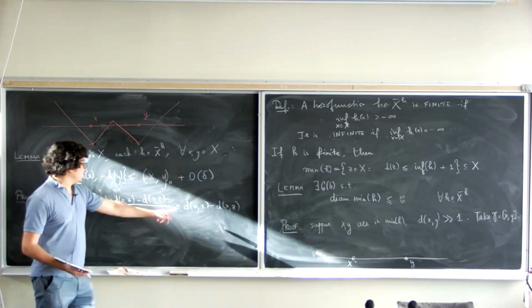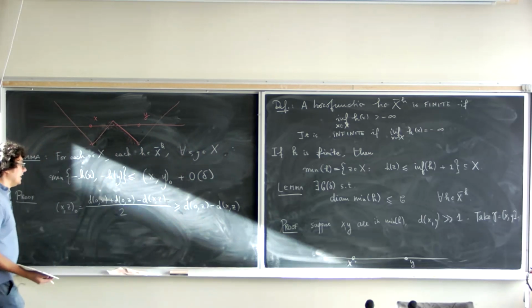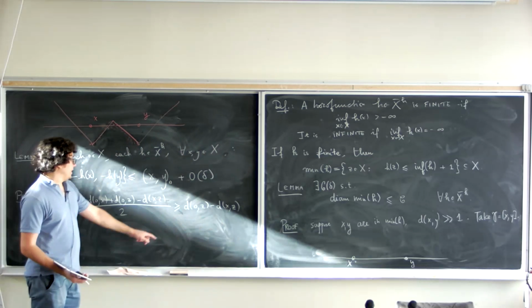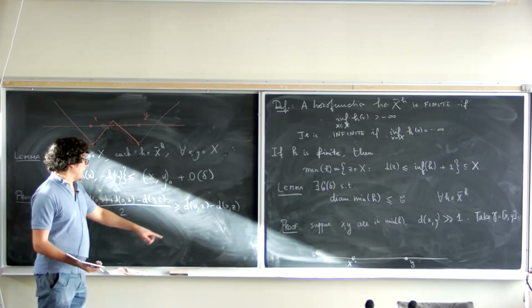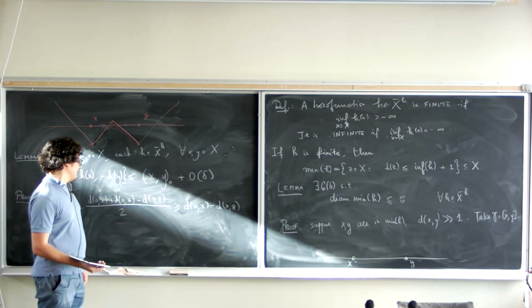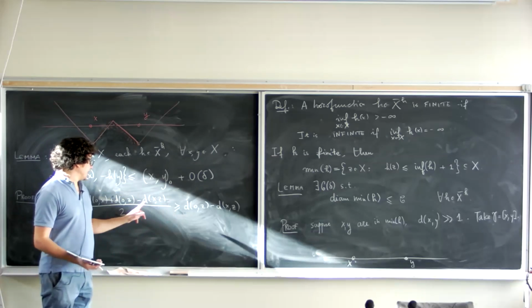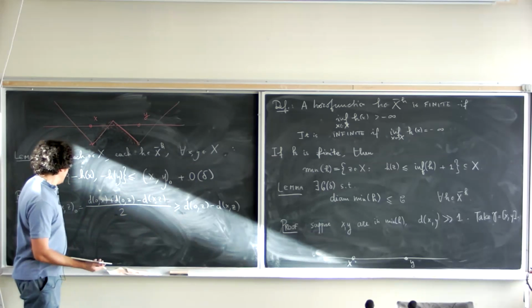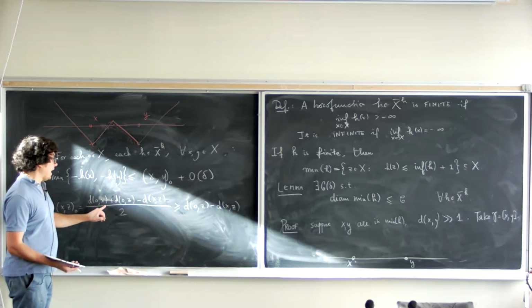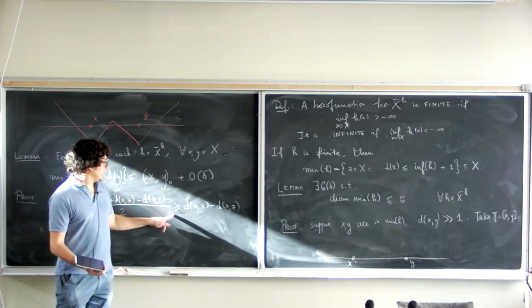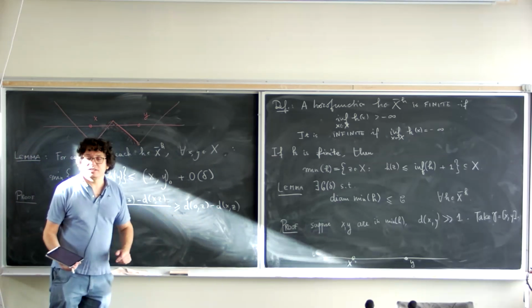So you bring the 2 to the other side. These 2 beat this one, so you get rid of that. You have a minus 2, you get rid of that. So this is equivalent to d(O,X) bigger or equal than d(O,Z) minus d(X,Z). So that's just the triangle inequality.